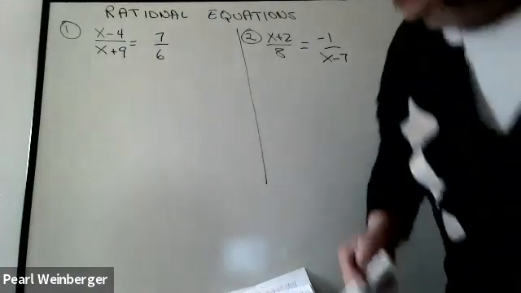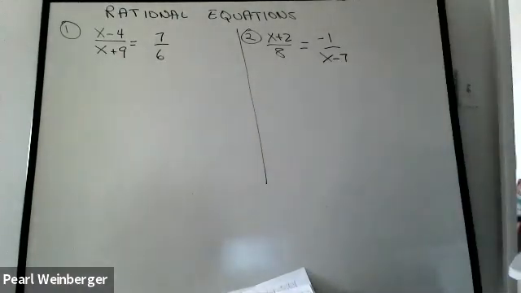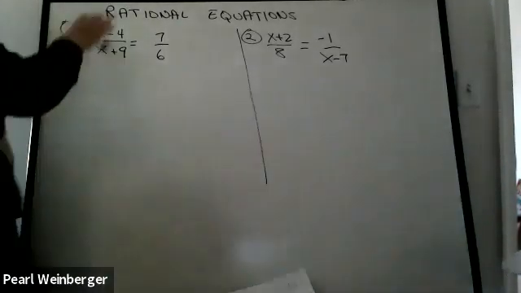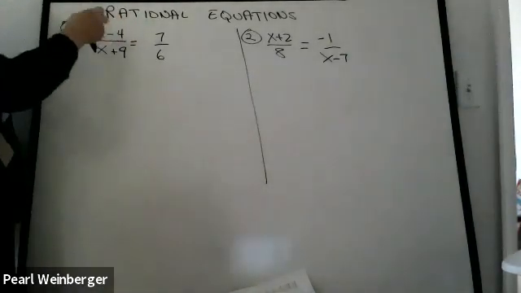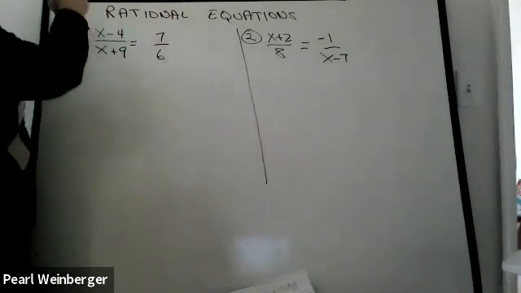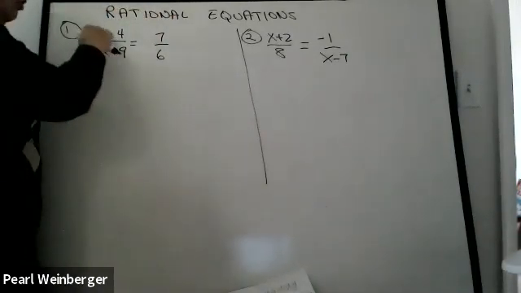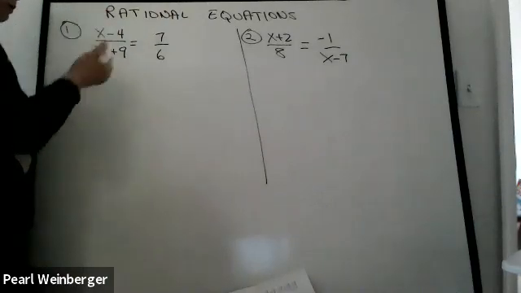So let's start with the first one. Again, this is what we call a proportion because we have a single fraction on the left, a single fraction on the right. And we said the easiest way to deal with these proportions is what we call cross multiplying.